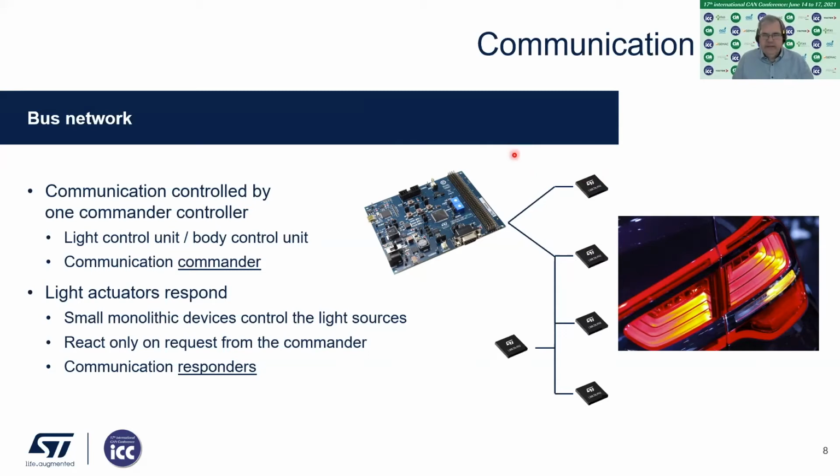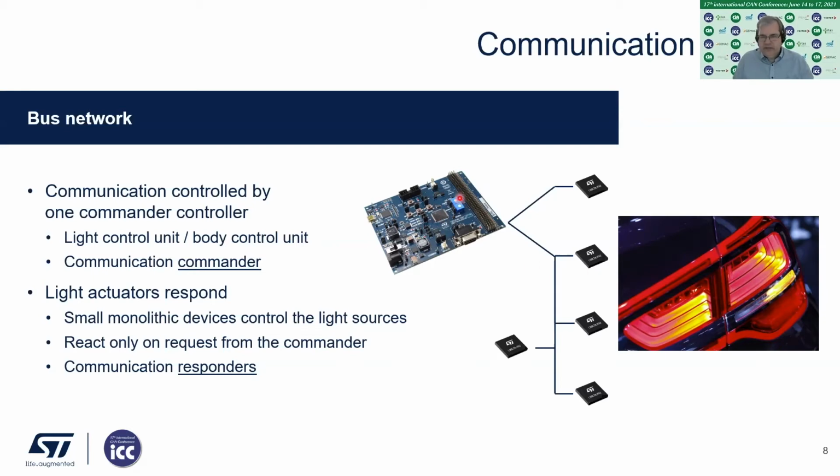So the idea of the communication concept was first to use a bus network. Then we have a domain controller here, a light controller, whatever kind of application that runs. So we have a light control unit, body control unit, and this can act as a communication commander, because anyway, it controls all of these devices.